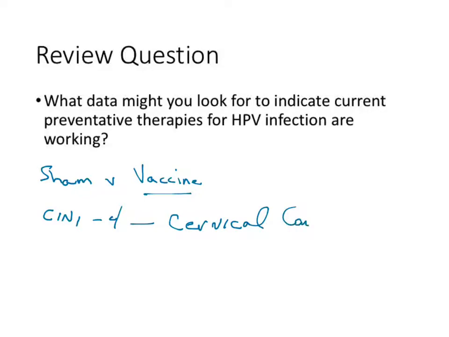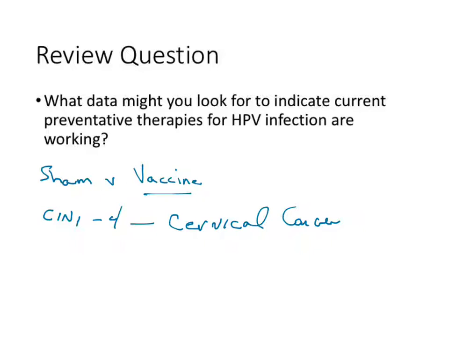Maybe 10 years ago, when I was in graduate school, this data was coming out. They were looking at the progression of CIN 1 or CIN 2 in individuals who had received the vaccine versus those who had not. Those individuals were probably still too young to have developed cervical cancer at that point.